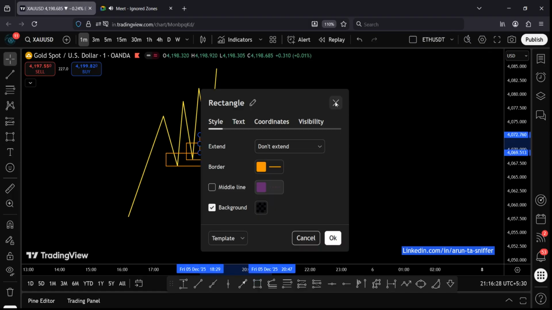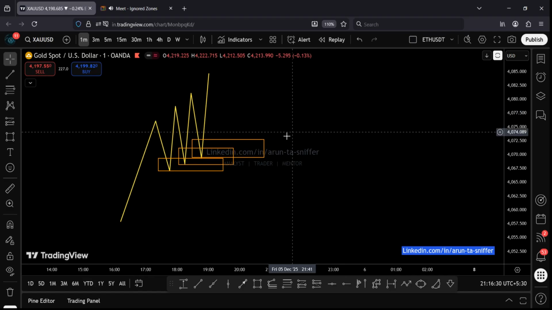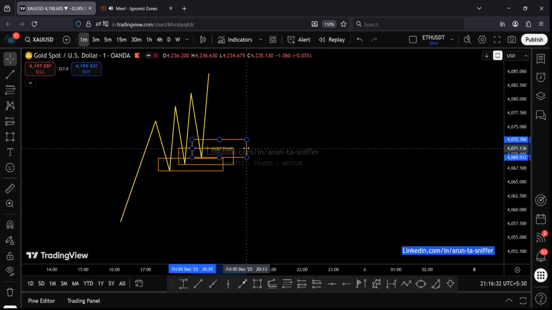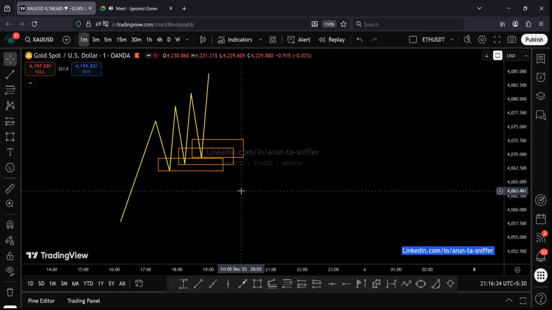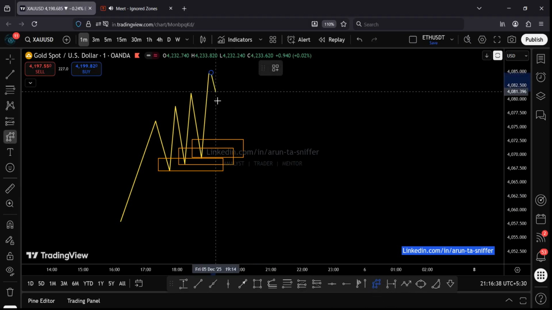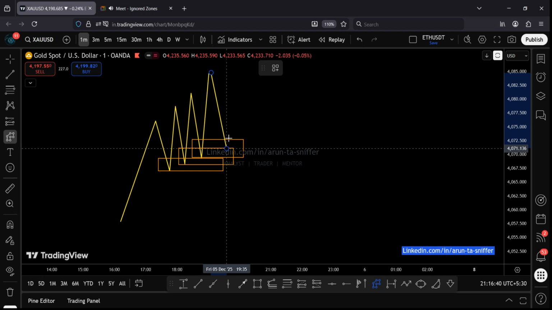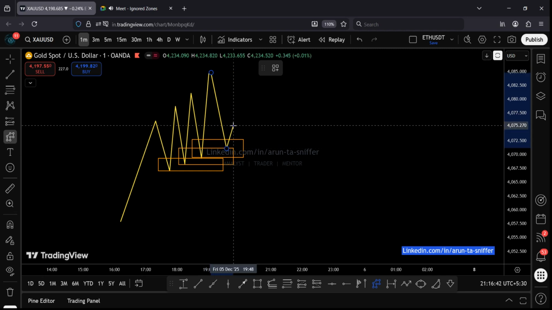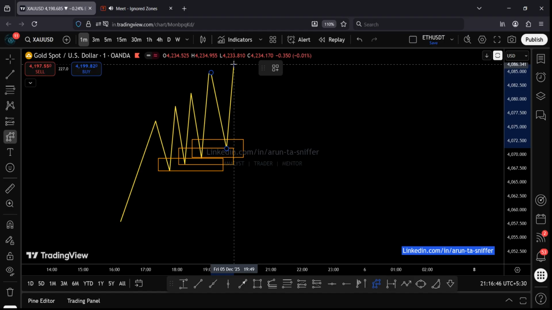Okay, so ideally what should price do when it comes back? It should react again and go back up again. But what happens is it doesn't go back up.